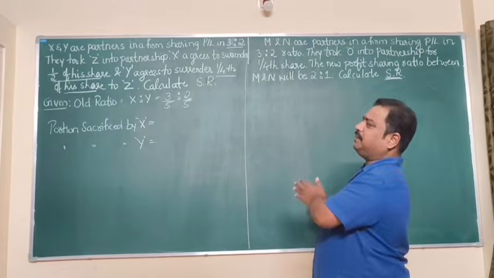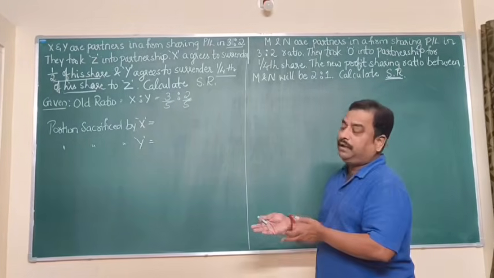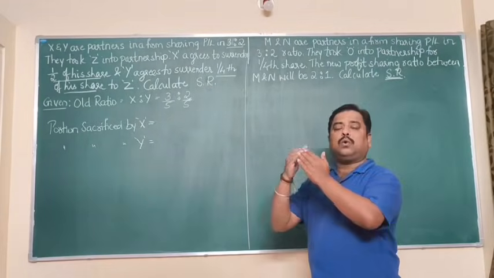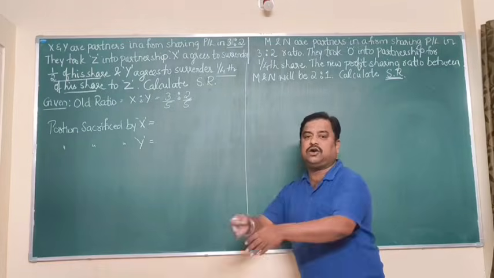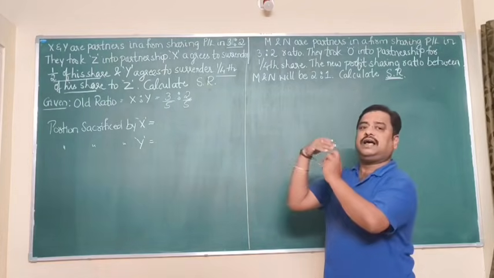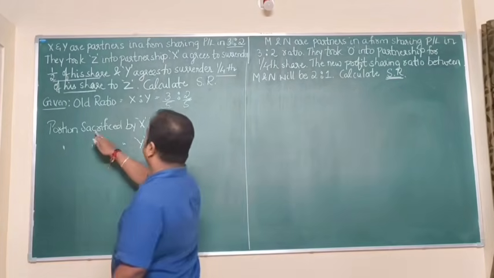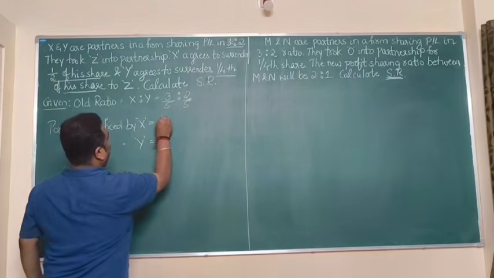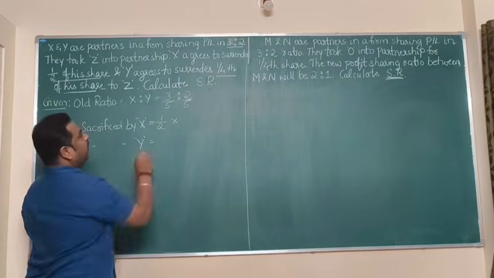So exactly similar to the previous problem. Here they have not given you the new ratio, but they have given how much the old partners are sacrificing or surrendering towards the new partner. So how much is the portion sacrificed by X? 1/2 of his share. So 1/2 of his share.